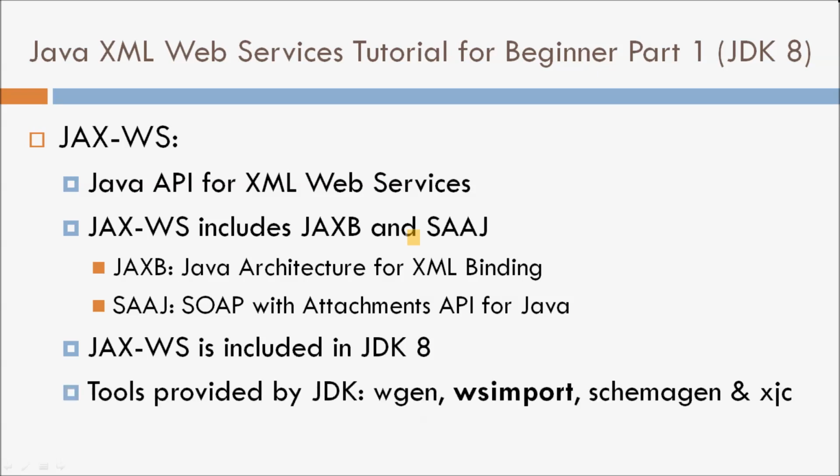JDK 8 provides some tools that help programmers to develop Java XML Web Services, including wsgen, wsimport, schemagen, and xjc. And in this video tutorial, we will learn how to use wsimport to generate web service client code.